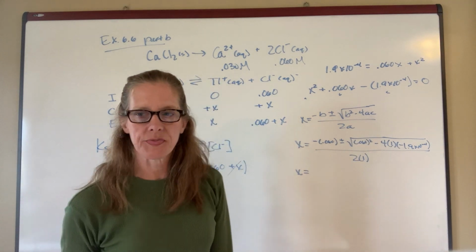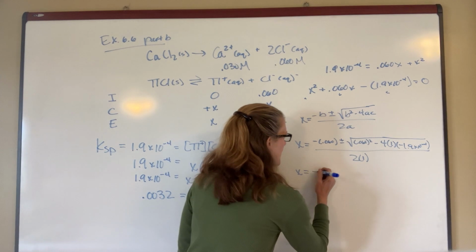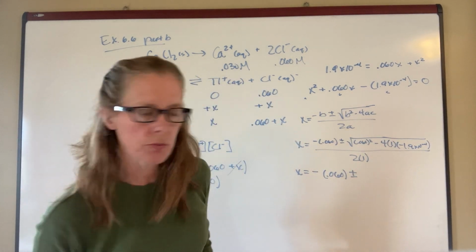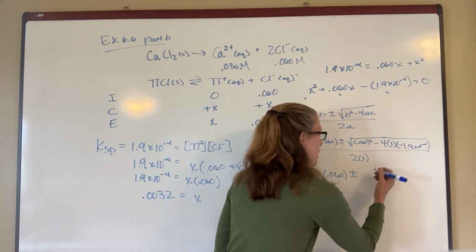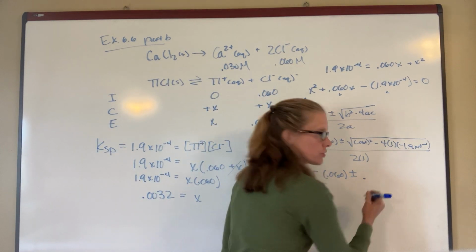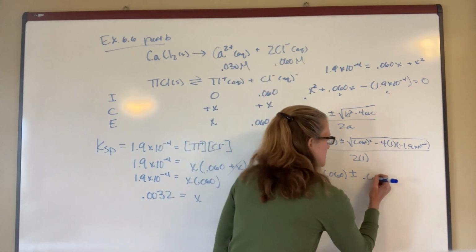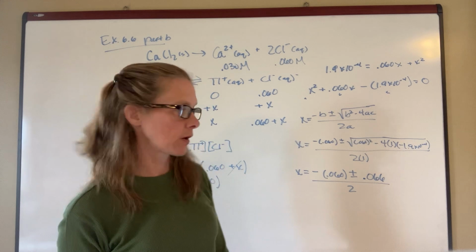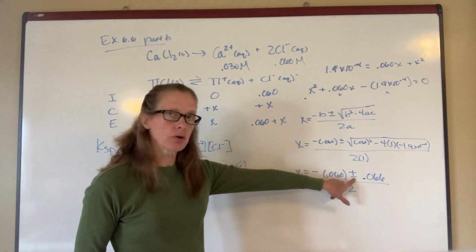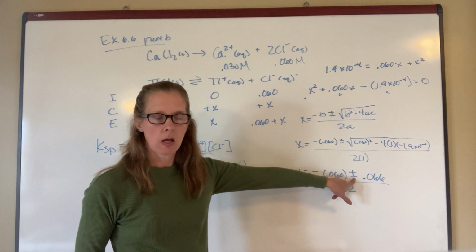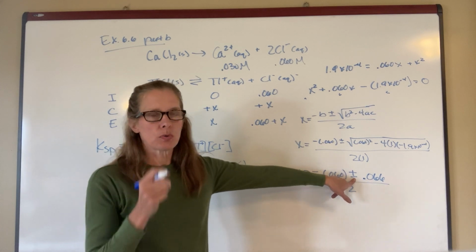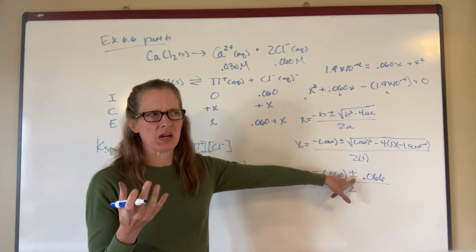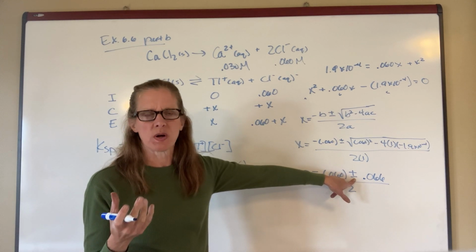When I do that, that's going to give me negative 0.060 plus or minus, because I've already taken the square root, 0.066, all over 2. You're going to have two solutions because you've got a plus or a minus in there. But just like when we talked about taking the square root of something before, you're going to have one positive number and one negative number.